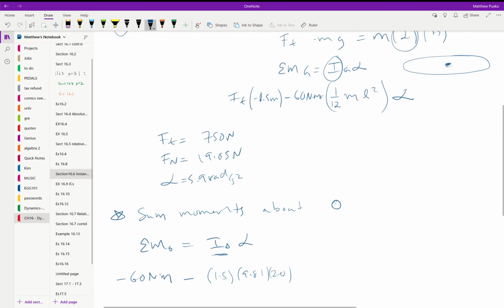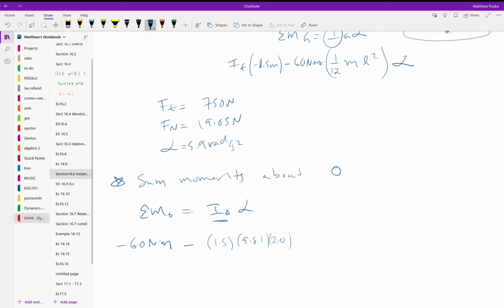If we're looking at the moments about O, we have mg pointed down, we have this applied moment of 60 newton meters, and all of that's going to be equal to I naught alpha. So if we look at I about O, if you went to your table in your book, we'd find it to be 1/3 m l squared.